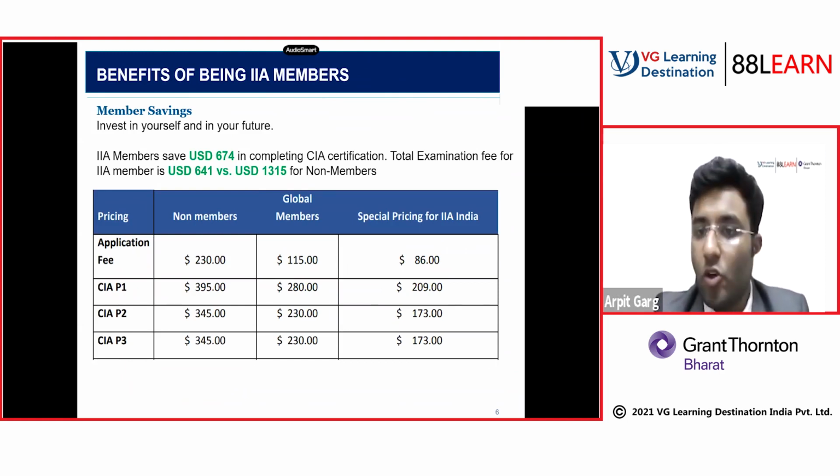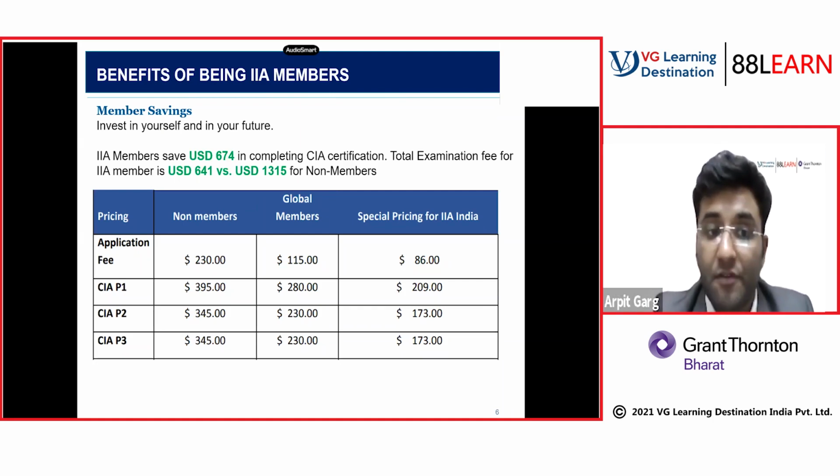Though I've talked about this in the introductory session too, I would like to tell you in this session, because the next slide is how to be an IIA member and how to enroll for the CIA program. My suggestion is please become an IIA member of India. The reason is that if you become an IIA member, you will save $674 in completing the CIA certification.